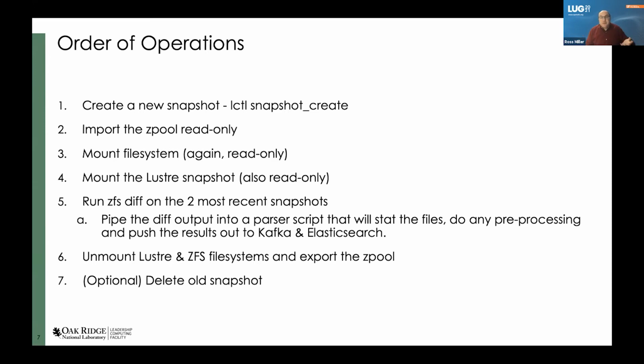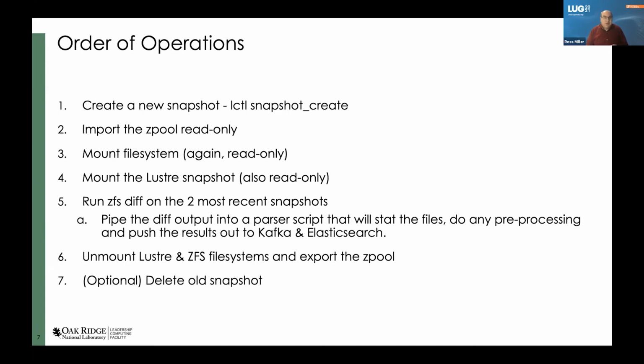So you parse the output from zfs diff, stat the files, and do anything else you wanted to do at the time. We were considering doing some pre-processing, basic calculations, and then in our case, push everything out to Kafka and Elasticsearch, and the reason for that was for analysis later on.